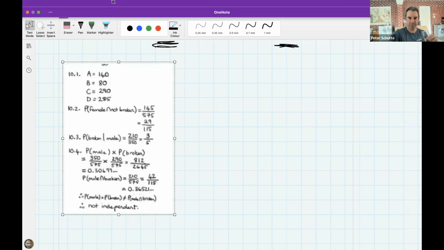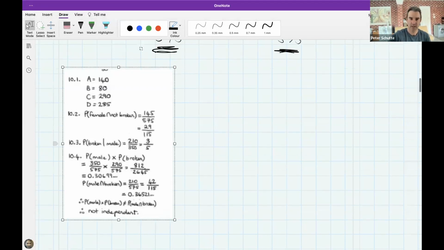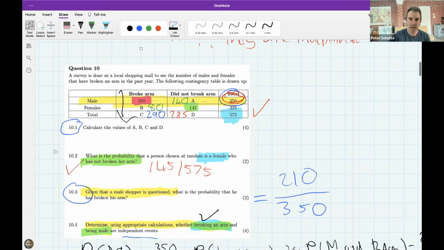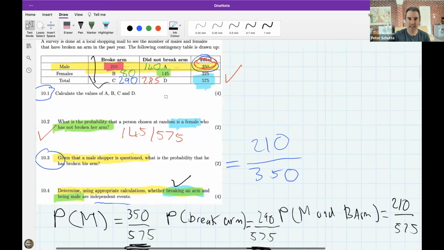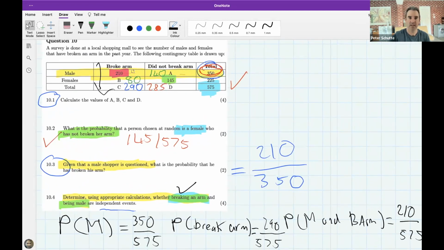Good evening. I'm failing to see how you got to question 10.3, the probability of a broken male. So the 210. Is that where I lost you? So yes, the 210 is the being both male and having a broken arm.